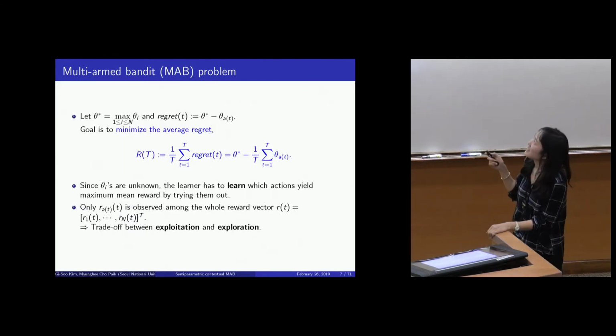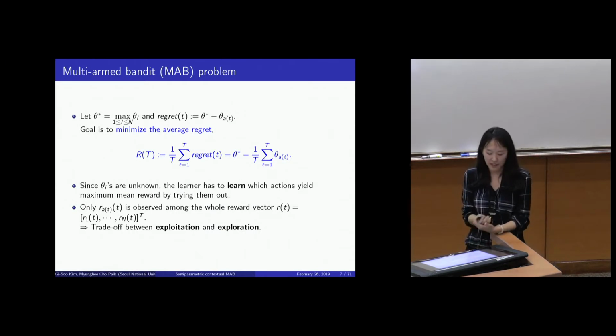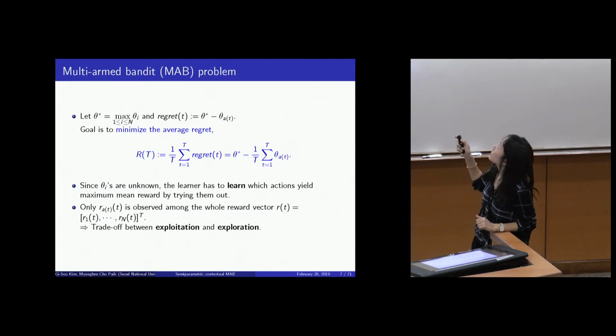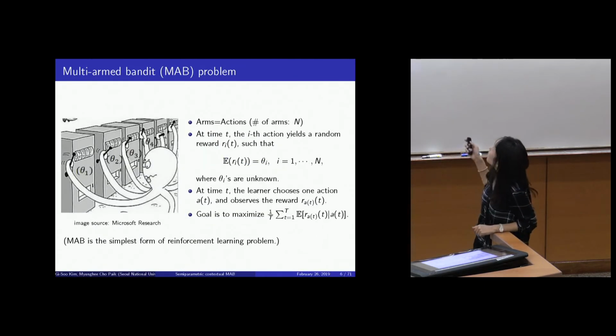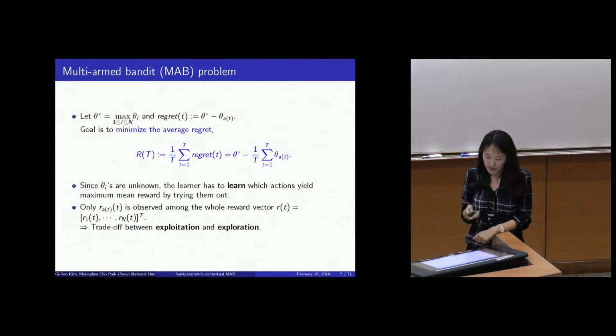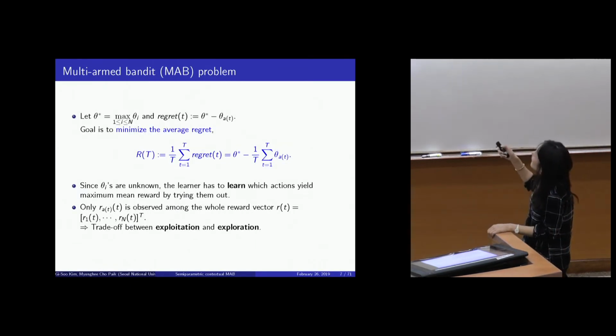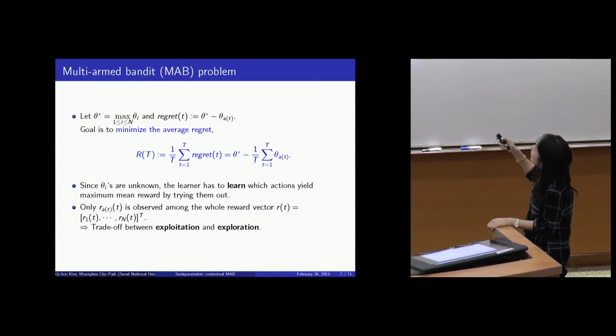We let theta star be the largest value of theta, then the performance measure, regret at time t, can be defined as the difference between this maximum theta and the theta of the chosen action. And under that, the goal of maximizing the average of observed rewards is in fact equivalent to minimizing the average regret, R_T.